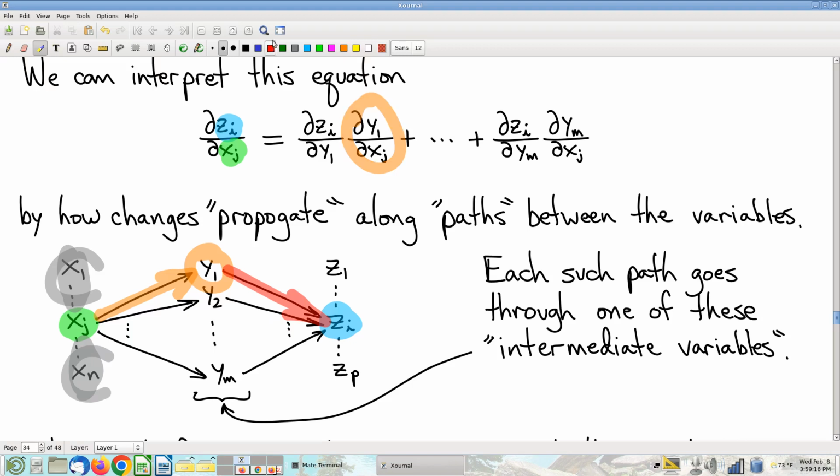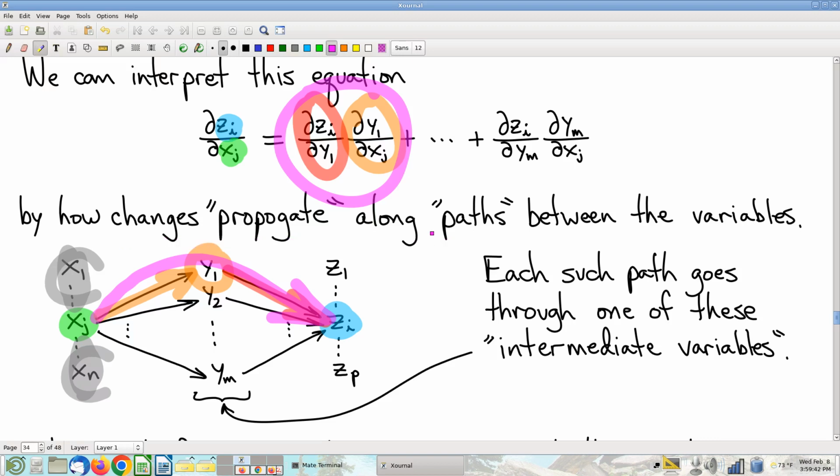And the factor of change along this arrow from y1 to zi, well, that's, again, a partial derivative. It's partial of zi with respect to y1. So altogether, think of this term as coming from keeping track of how changes propagate along this path.